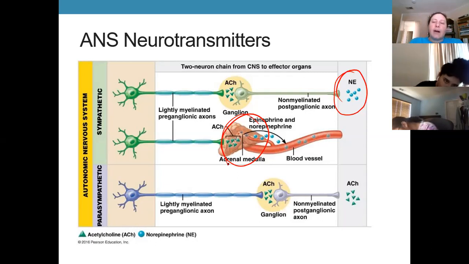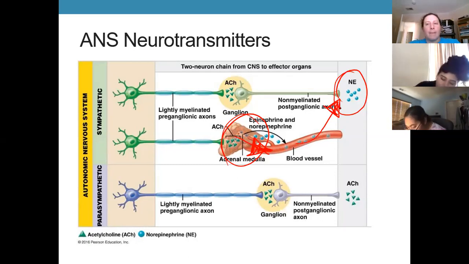But the nice thing about all of our postganglionics using norepinephrine for the sympathetic is that when our adrenal medulla releases them as hormones into the blood, they can also have an effect at the effectors that are getting norepi from the synapses.